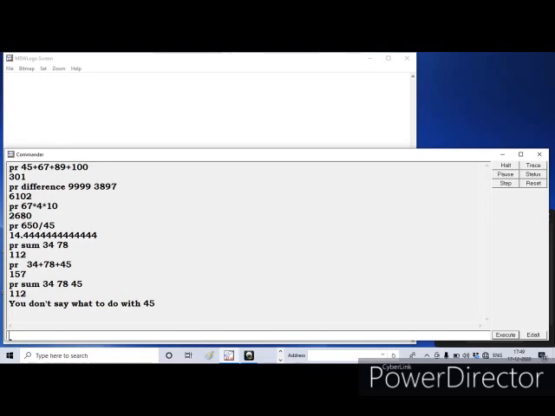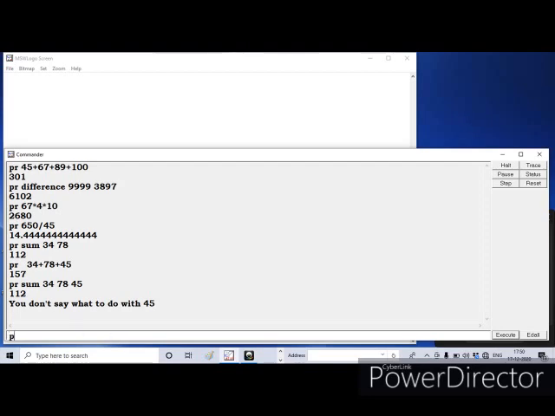If we give more than two arguments, an error message is generated like this. So what do you have to write in the green box given? You have to write 112, put a comma and write: you don't say what to do with 45. Understand?